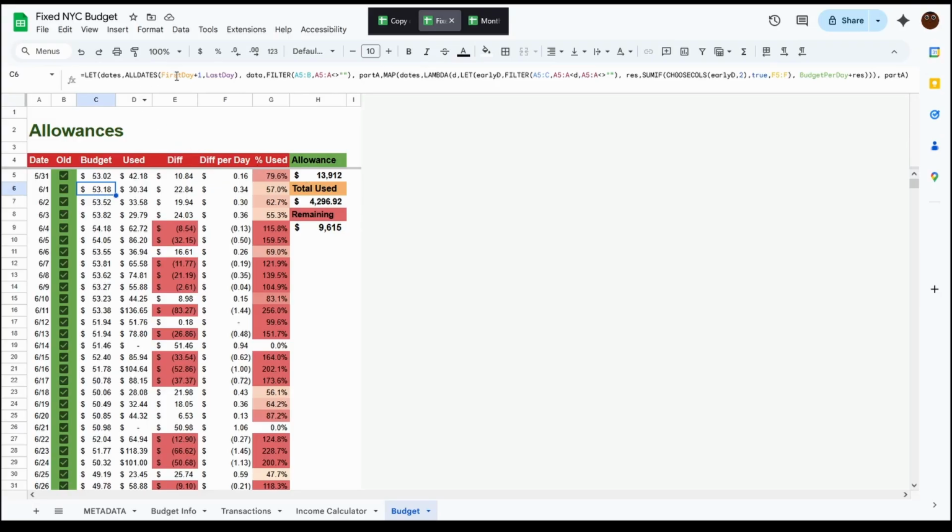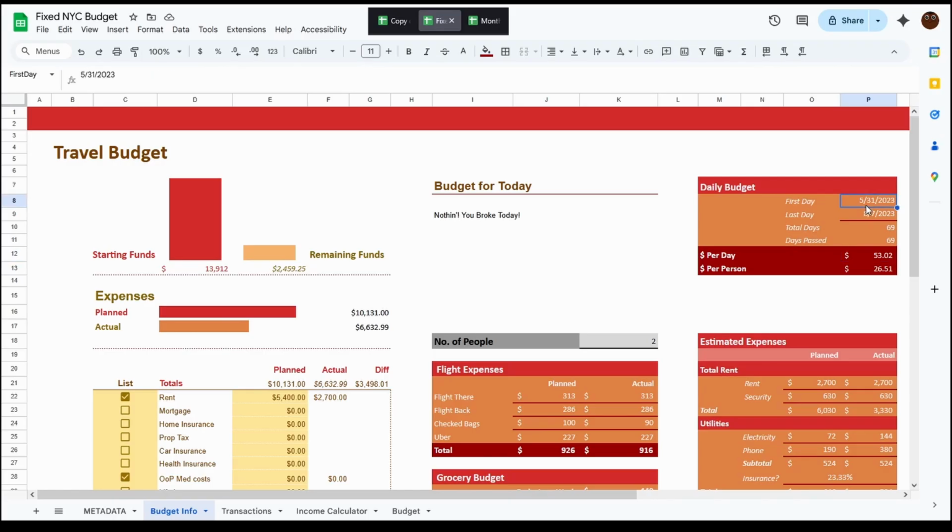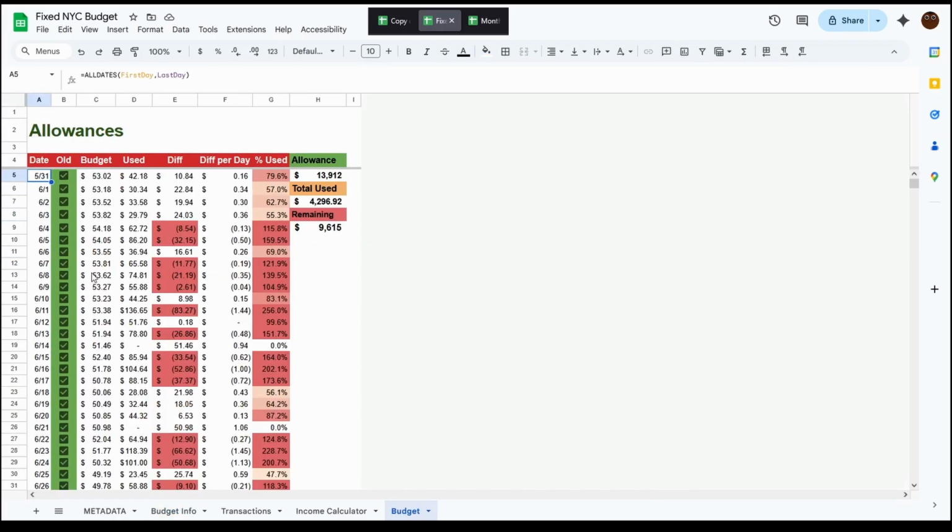All dates just pulls in all of the days, and it gives me the dates. That's actually how this is working. These are all calculated based off of the first day and last day that you get from here. First day, last day. And it calculates all of the dates. Then from there, I take the data of the A column, from A to C basically, and then I find all of the early days, which is what this is.